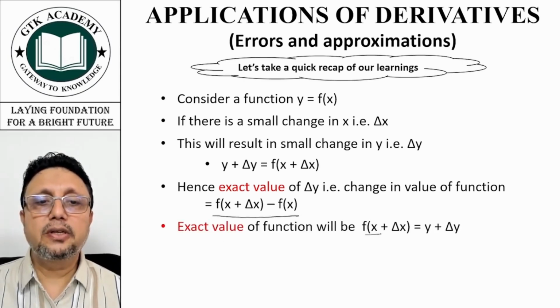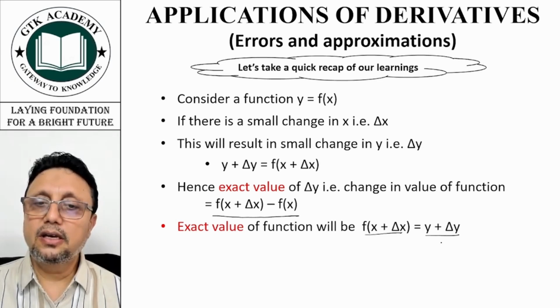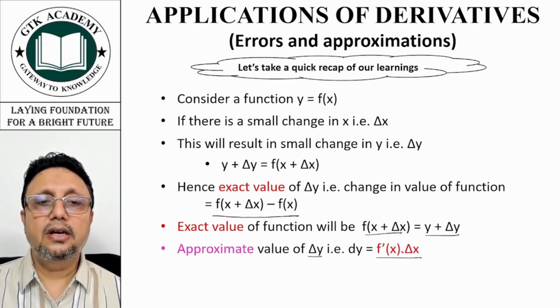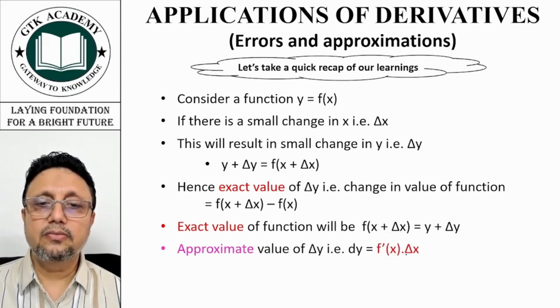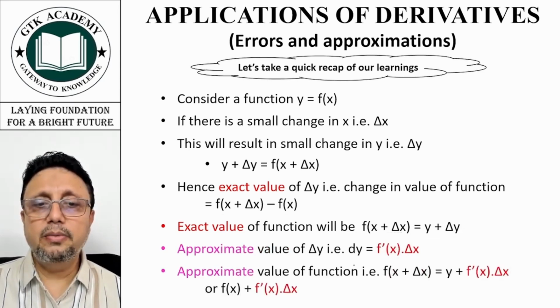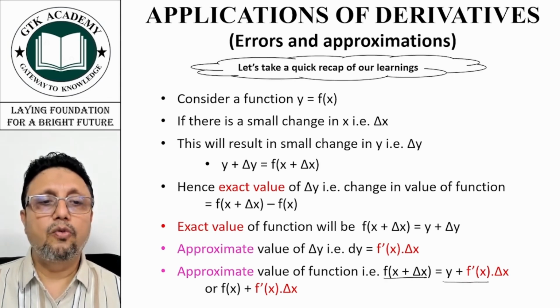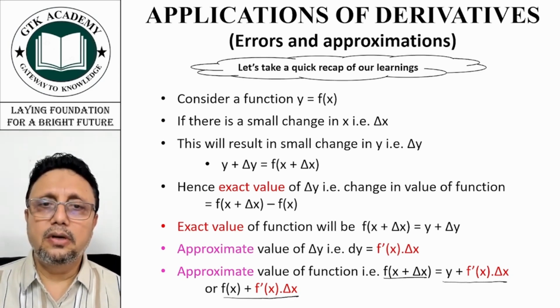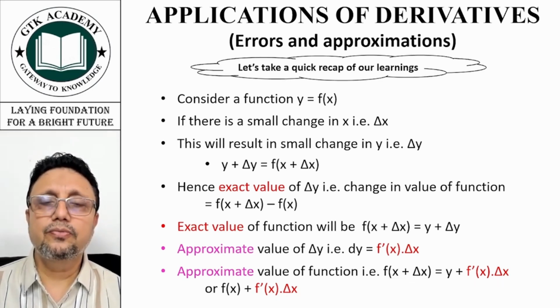The exact value of f(x + Δx) will be this, and the approximate value of Δy will be f'(x) into Δx, and the approximate value of the function, that is f(x + Δx), will be y + f'(x)Δx, or f(x) plus this one. I hope I am now clear with this.